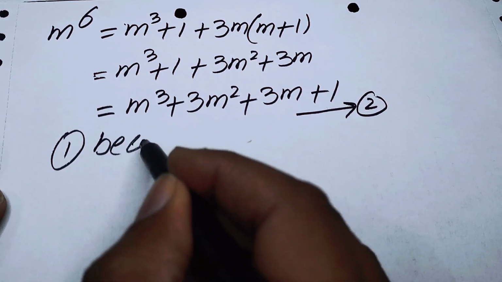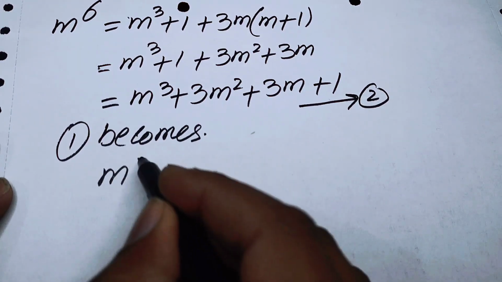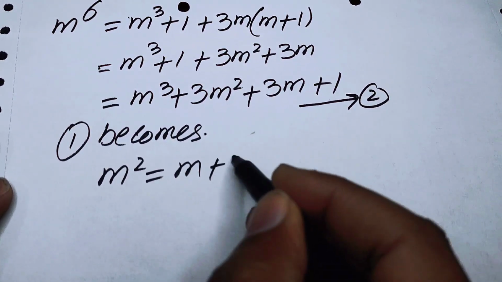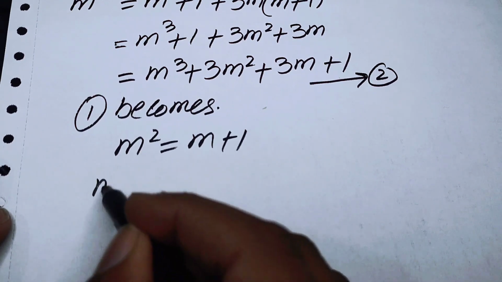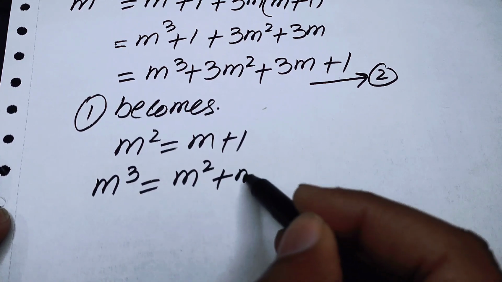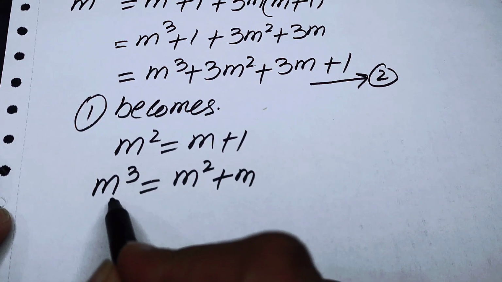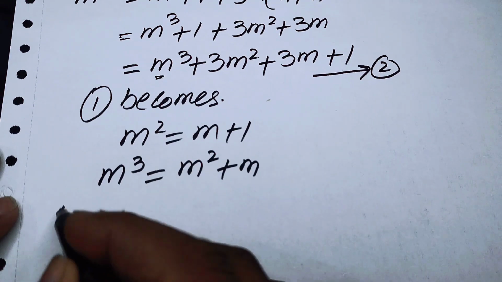And from equation number 1, m squared is equal to m plus 1, and now we multiply m on both sides, so it becomes m cubed is equal to m squared plus m. So now we substitute the value of m cubed in equation number 2.